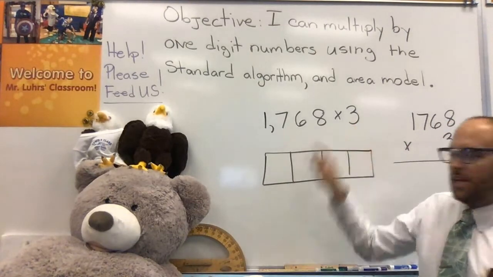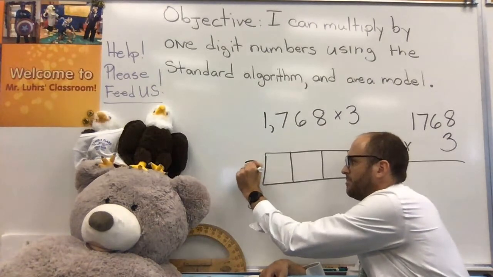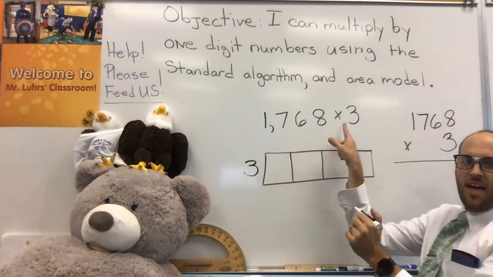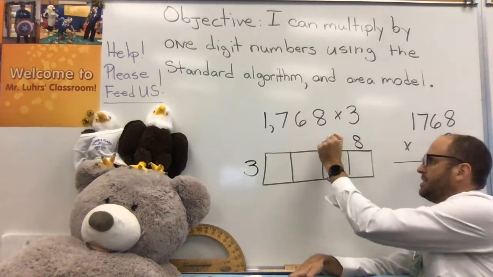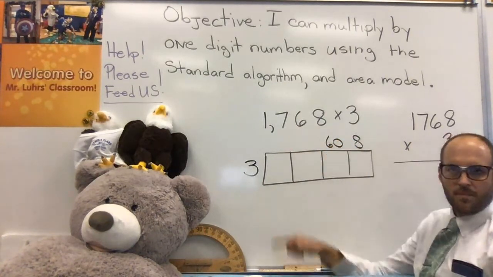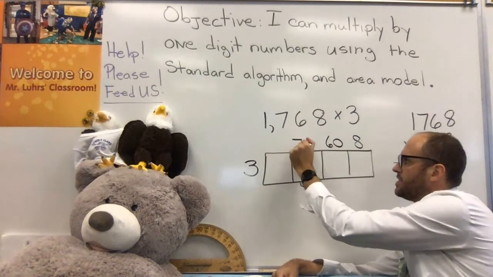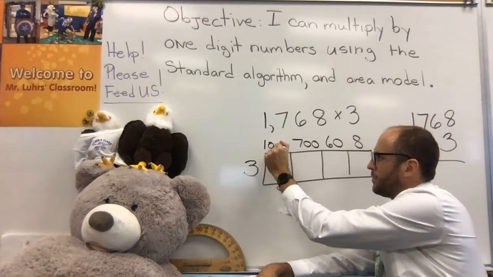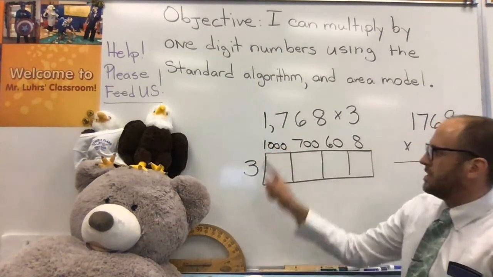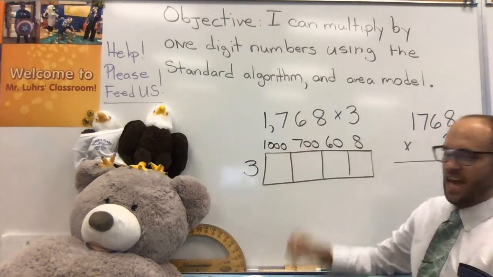We have a 3 that goes over here on the left side. And again, we have 8 ones, so that's just an 8. 6 tens, so there's a 60 there. 7 hundreds, so that's going to go there. And 1,000 on our last box, equal 1,768.